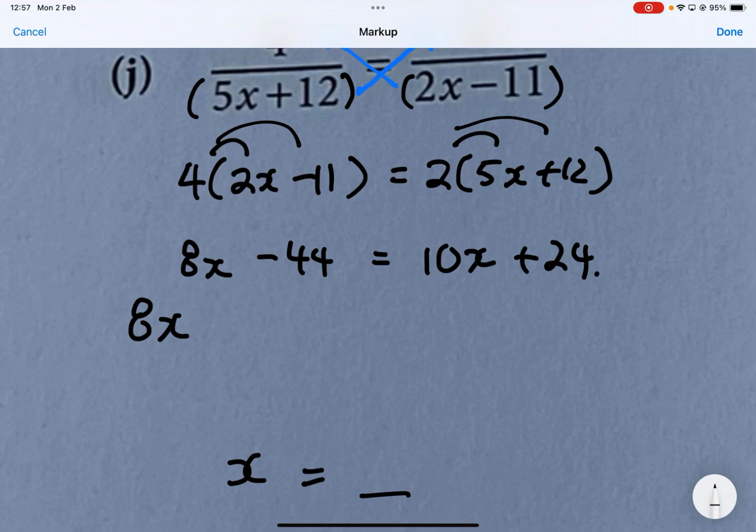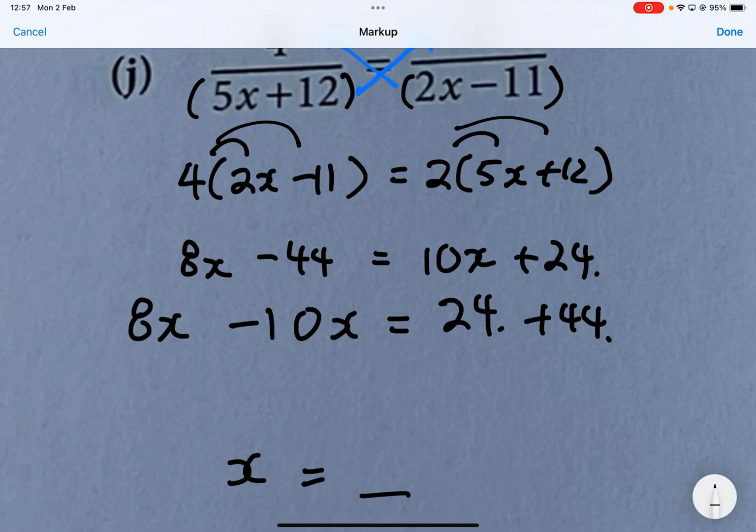When I move my 10x, it will become minus 10x on the left. My 24 is already on the right, I don't need to change anything. But this term, minus 44, got no x. The no x one, I want it to be away from the x, so it will come here as positive 44.